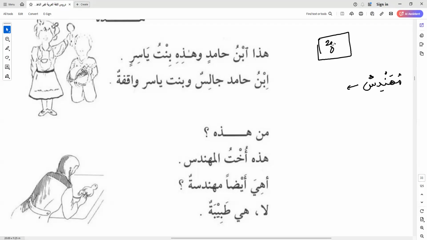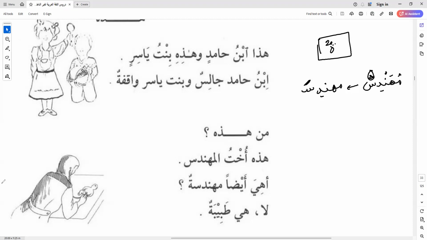When you are adding the taw marbuta to create the feminine of muhandisun, this time I'm going to say sa. So I need to drop one of the vowels here. I have to say muhandisa. Look at it. So the vowel here flips.